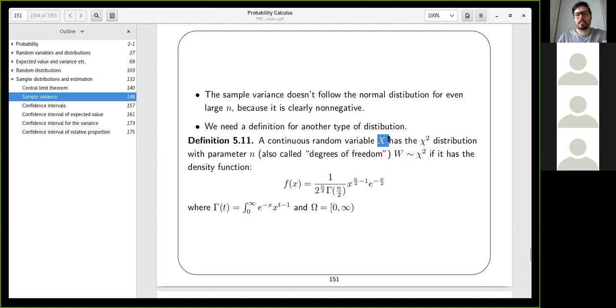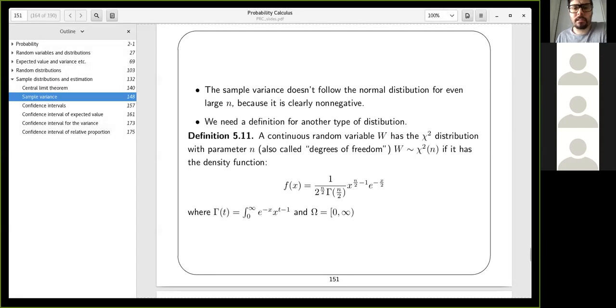So not X, W. We usually mark these by W. So W has the chi squared distribution with parameter n. Now it's fixed. We mark it like this: W conforms to chi squared n.